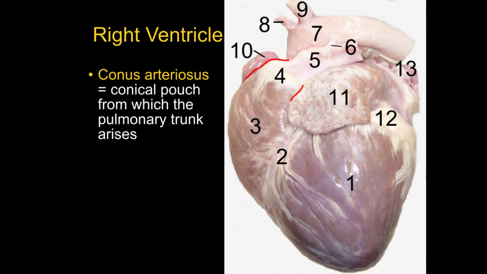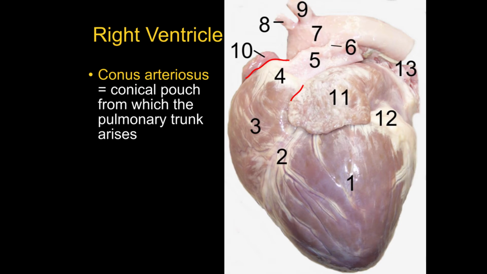Okay, so looking at the right ventricle from the outside, the beginning of that pulmonary artery is also triangular in appearance. So it's a sort of cone, a conical pouch in the superior right ventricle. So that used to be the conus arteriosus in the fetus.